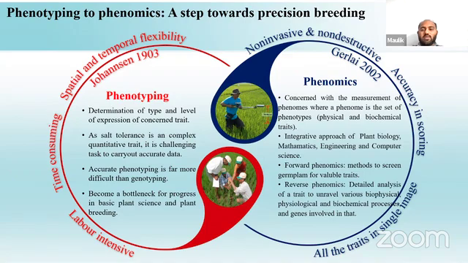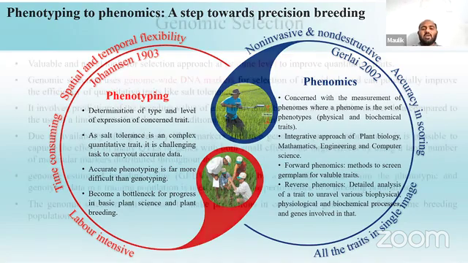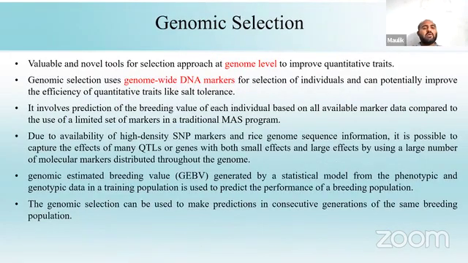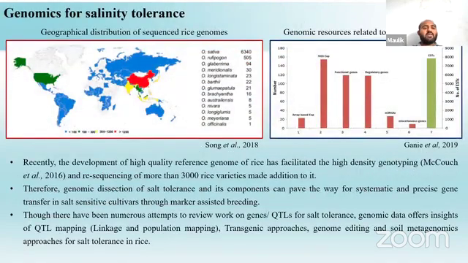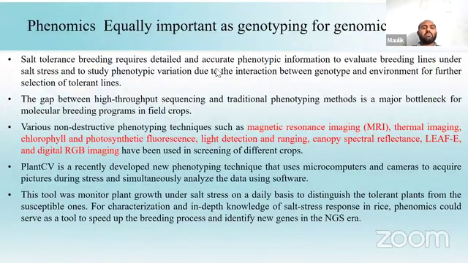Okay, then the phenotype is also required to develop salinity tolerant varieties. We already know what genomic selection is; I already told you in the previous slide how genomic selection is used to develop salinity tolerance. So these are all the wild rice which govern salinity tolerance. And so phenotyping is equally important as genotyping or genomic study.